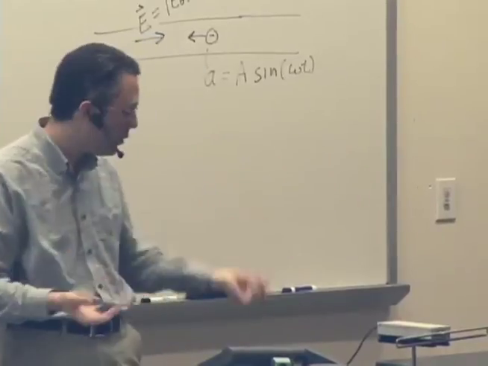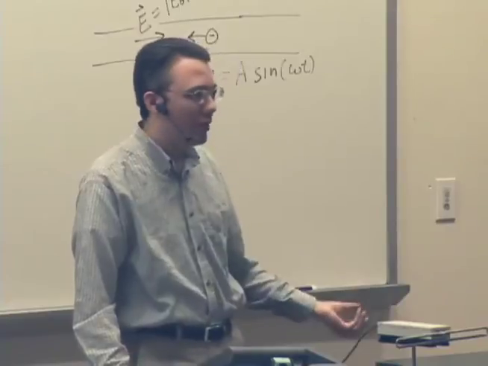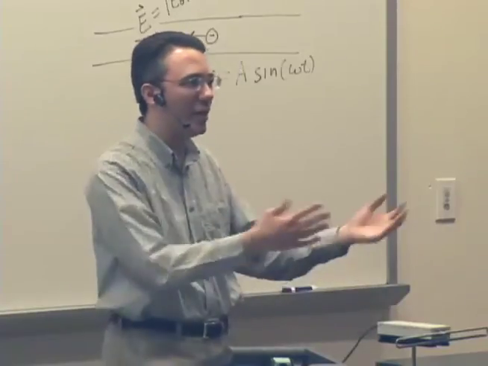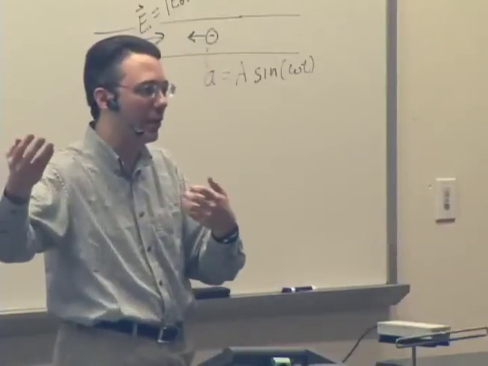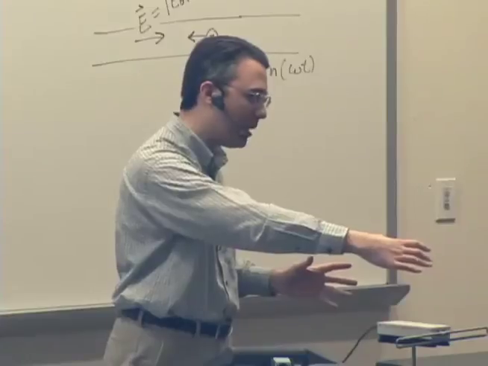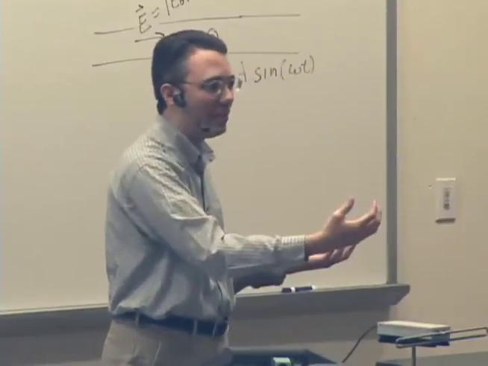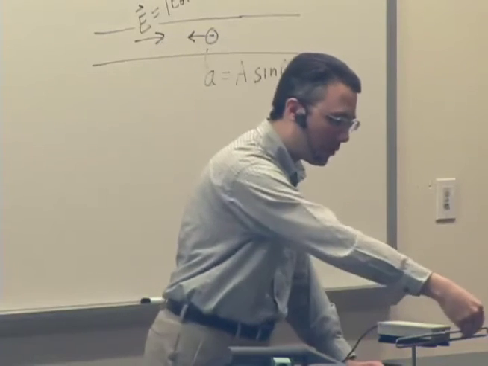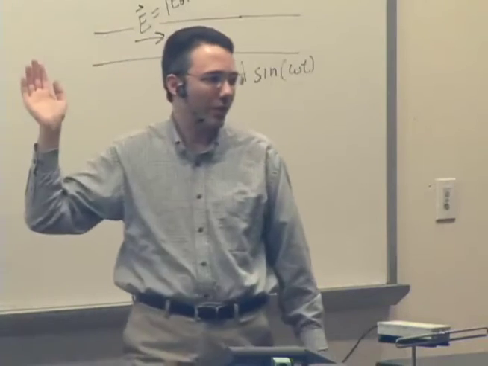Because if you have a change in some charge distribution somewhere, that changes the electric field everywhere in the circuit. And it's one of these feedback mechanisms like we talked about when we were dealing with circuits, where it propagates throughout the entire circuit at the speed of light, and the electric field changes almost instantaneously. So pretty much everywhere the electric field is changing according to some sinusoidal function.